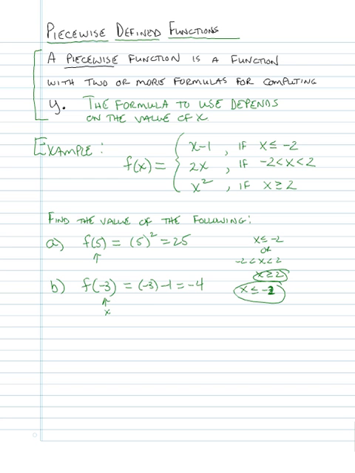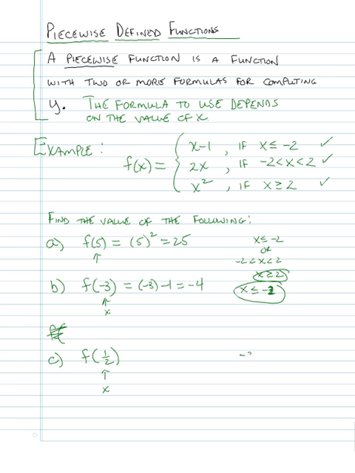Let's look at another example here. How about f of 1/2? Well, remember, this is our x value. And now we look through the conditions. Is this true for x up here, or is this true for x, or is this true for x?